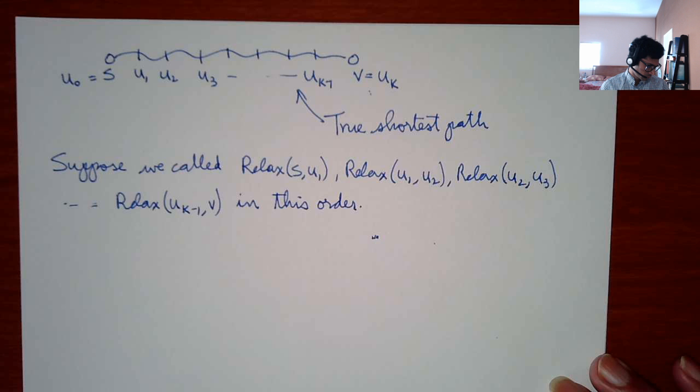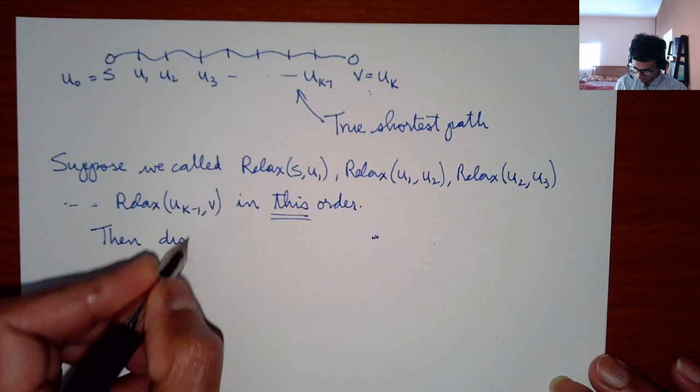Then dist to V will be exactly the shortest path distance.